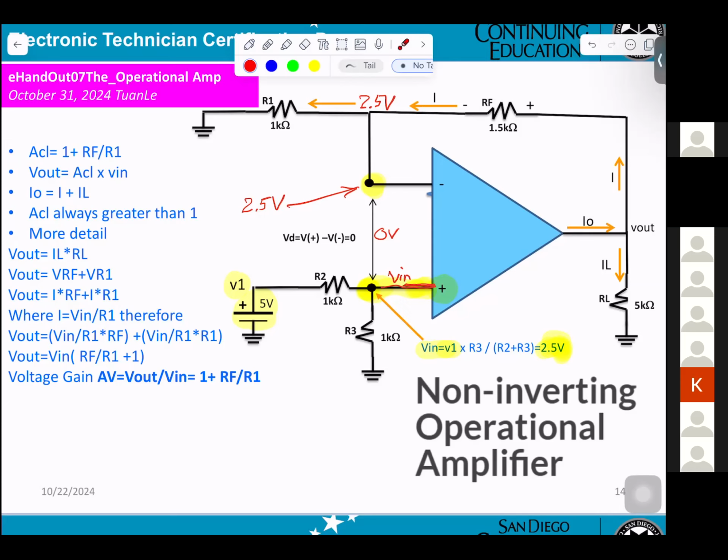Okay, now you say you get a positive 2.5 volt here and ground here. So that's why you get the current flow from 2.5 down to ground.